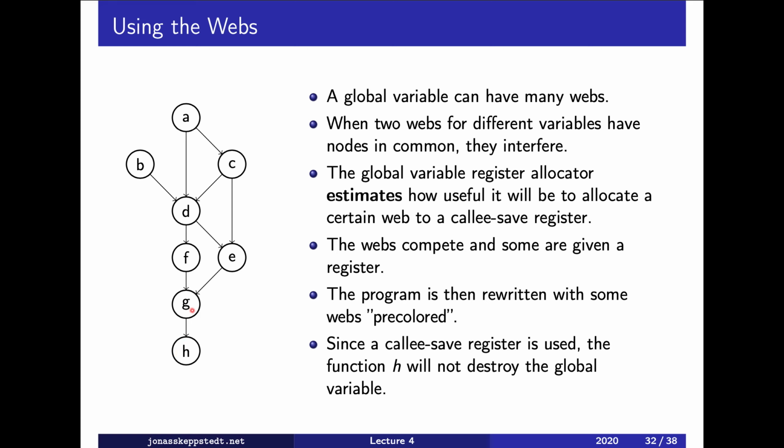So x may be allocated to the register in G. H does not use that variable, but it modifies the register. So it first has to store that register as part of the so-called function prologue. Then before returning, h has to restore that value. And then G can continue using x in that register. Very nice.